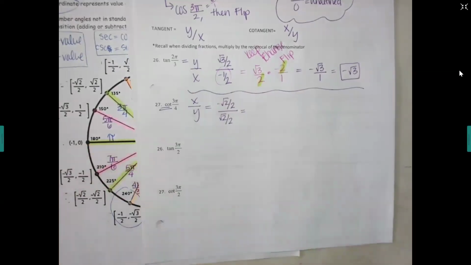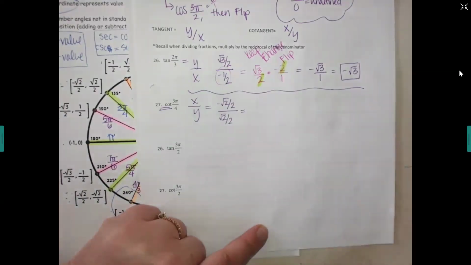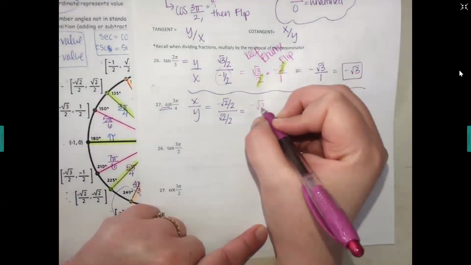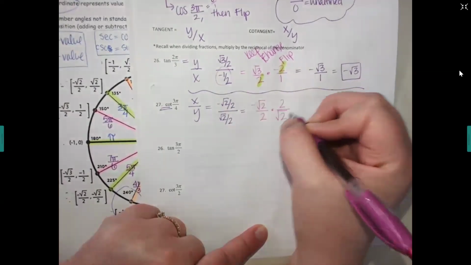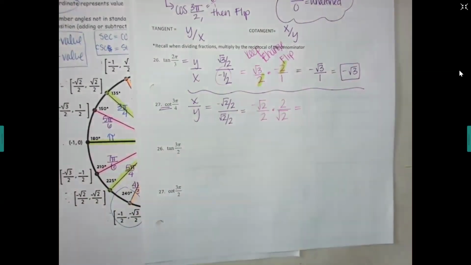And then we know if it's fraction divided by fraction, you're going to keep, change, flip. Keep the first one the same, change it to a multiply, flip the bottom. So it'd be -√2/2 multiply 2/√2. Now, what we said last time is if you have the same thing top and bottom, they can cross out.